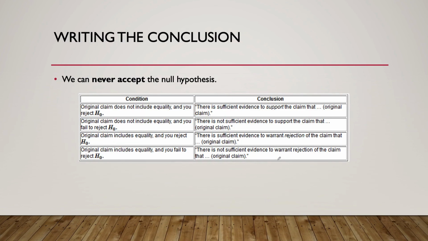We would write the conclusions based upon the fact that we never, ever, ever accept the null hypothesis. But if an original claim does not include equality, and I should probably note that in this particular section the original claim does indeed include equality, so this first condition is not necessarily what we're going to be using, but we would see in later sections that this first condition is usable.